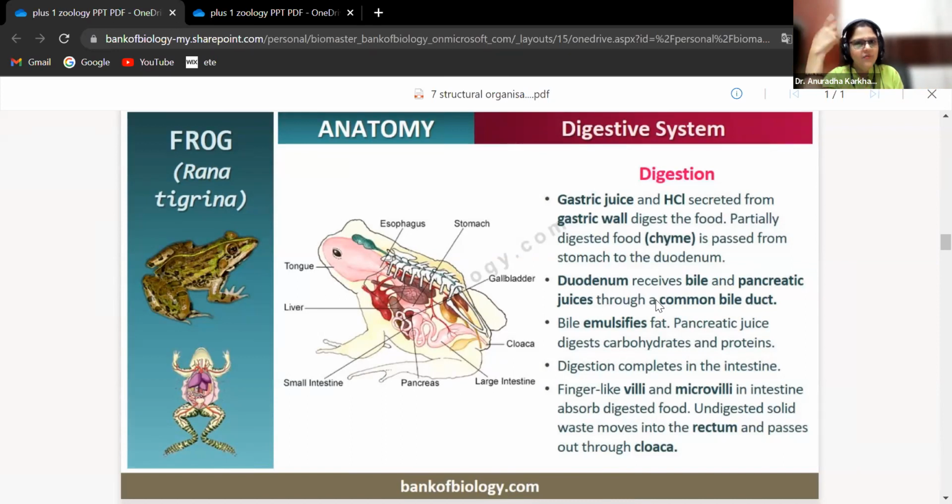Correct? We also know what the function of bile is. Bile emulsifies fats. Pancreatic juices will digest carbohydrates and proteins. Do you remember these reactions? I don't know if you remember. Proteins, peptones, and proteases in the presence of, do you remember, to make dipeptides, trypsin, chymotrypsin, carboxypeptidases.